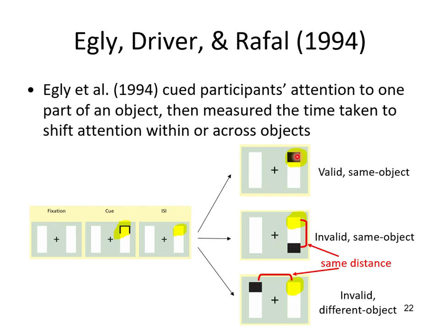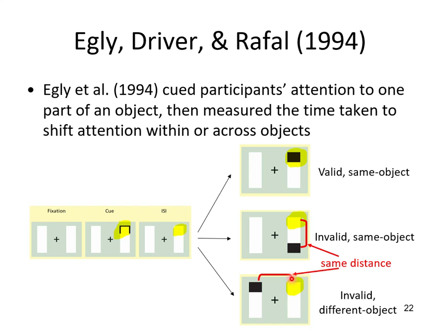If the target occurs at the location where attention goes, then it is the valid condition. Of course, this will give the fastest performance. If attention covers the whole object, then it should not take time to move here, right? However, if it takes time to move here, this will reflect location-based attention.